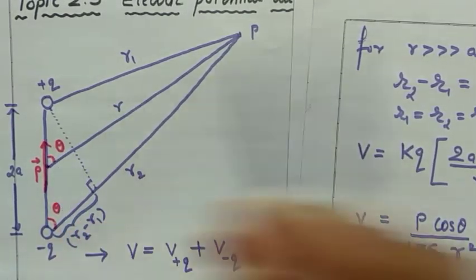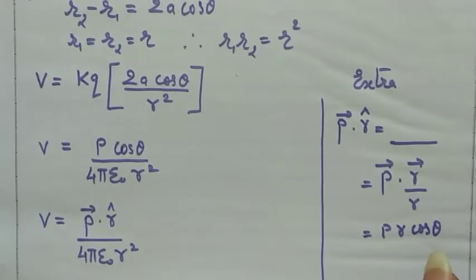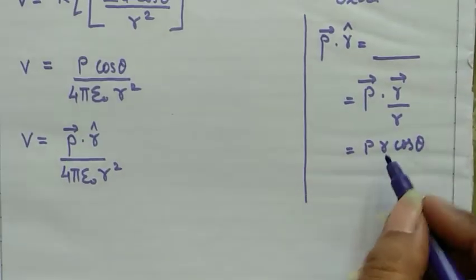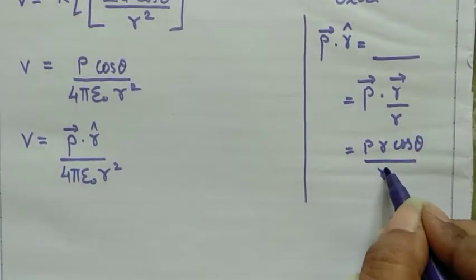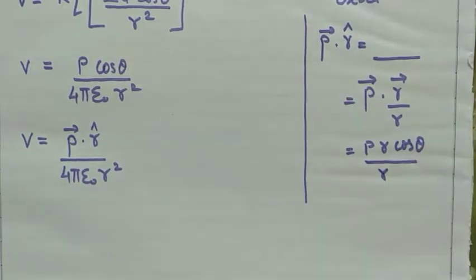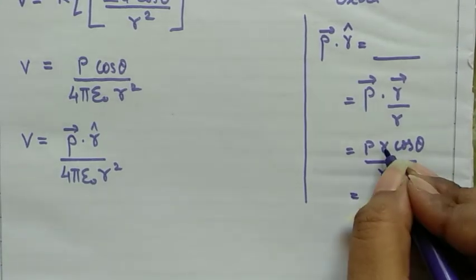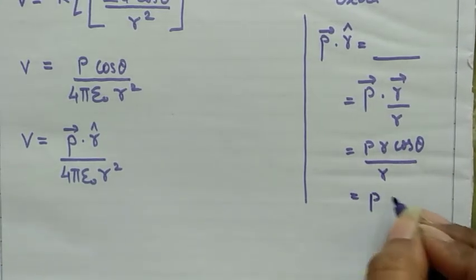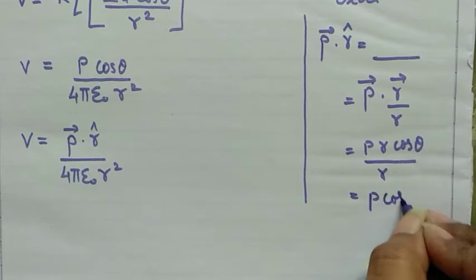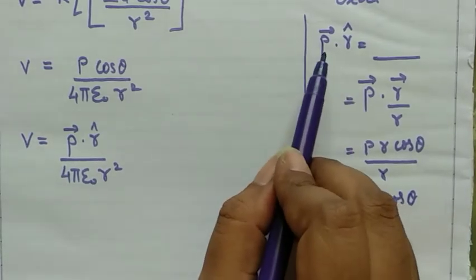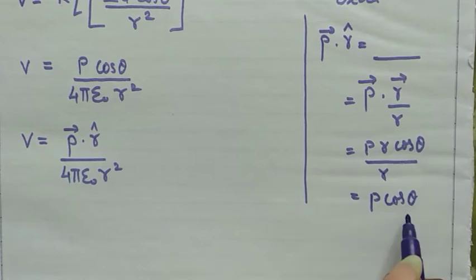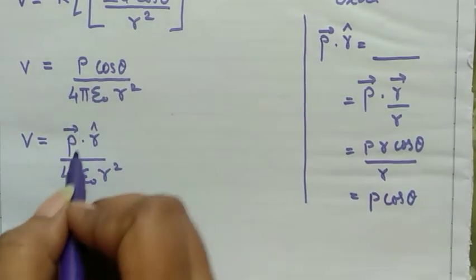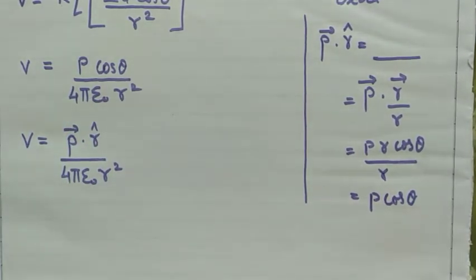So the angle between them is theta, divided by mod of r. Now this was a unit vector and we all know the magnitude of the unit vector is going to be 1. So if we substitute the value of magnitude of r cap, that is 1, it will give me P cos theta. So we have obtained vector P dot r cap is P cos theta. So that's how we substituted this value over here.